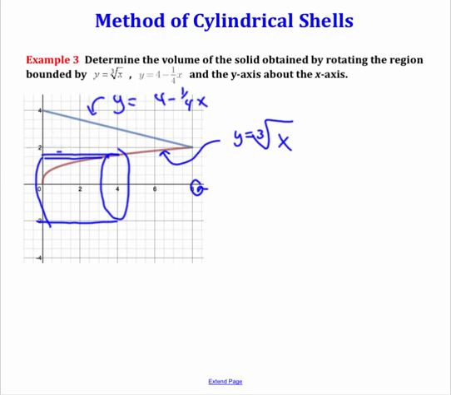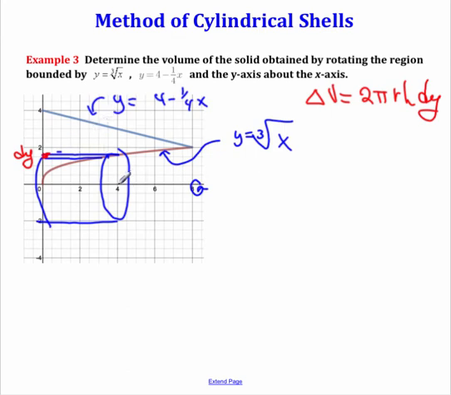So we're going to have everything in terms of y because the thickness of the shell is dy. So volume of one single shell is going to be 2 pi RH times dy, or delta y. Change it to dy to be consistent. Okay.